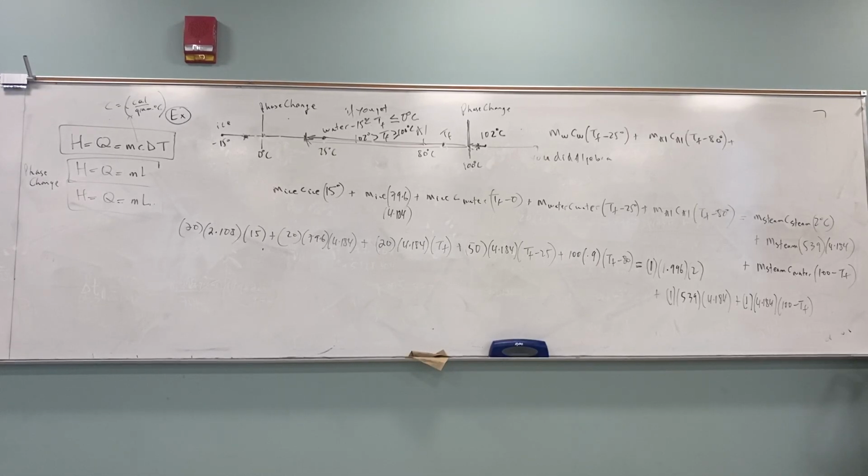How much aluminum was there? 100. And then 0.9 equals 2 grams of steam.